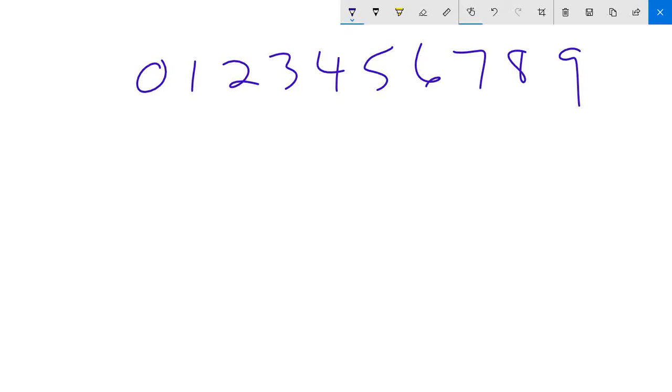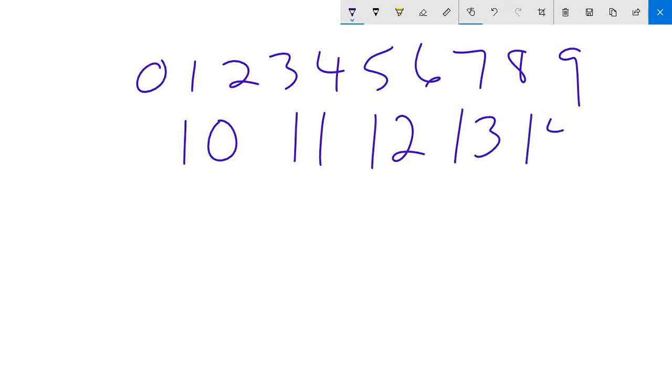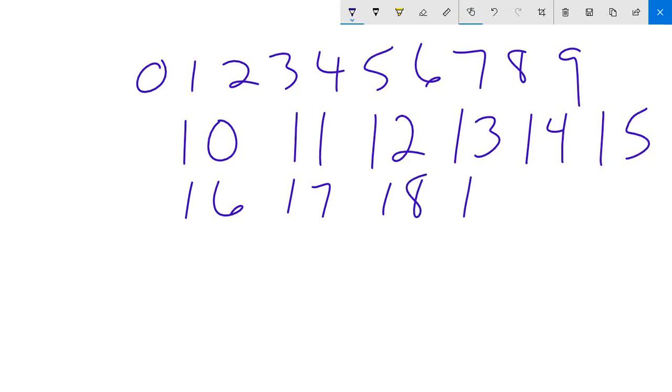Once we get past 9, then we go 1 ten and 0 ones for 10, or 1 ten and 1 one for 11, 1 ten 2 ones, 1 ten 3 ones, 1 ten 4 ones, 1 ten 5 ones, 1 ten 6 ones, and then 17, 18, 19.